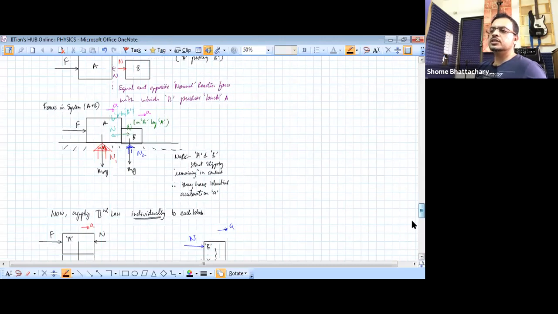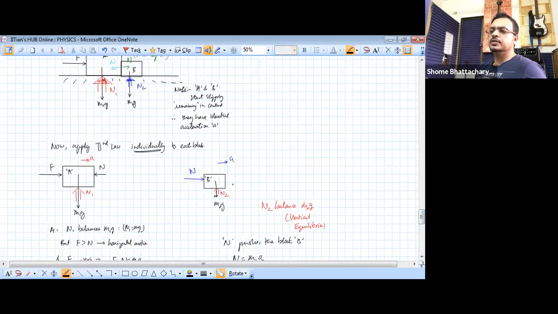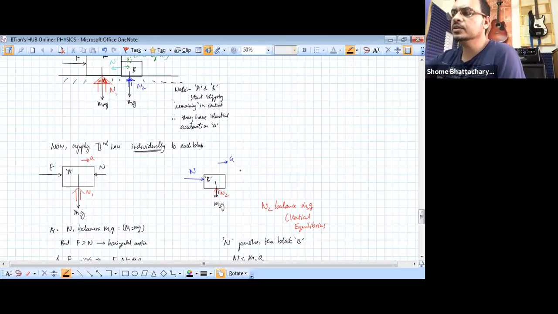So there are only 3 forces acting on the block B. Where are we applying the force? We are applying it on A, na, Sarvesh? The force that we are applying from the left is not acting on B. We are applying it on the block A.